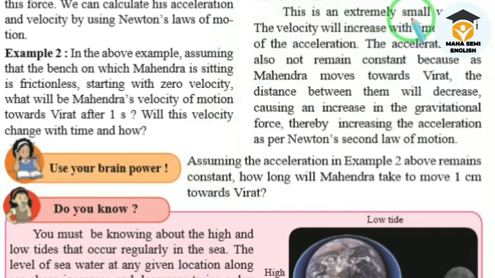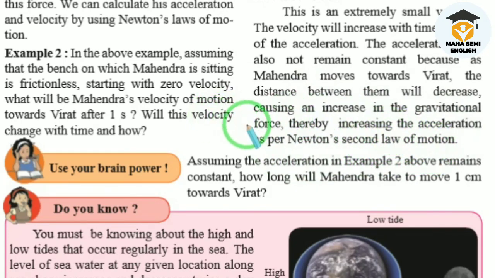This is an extremely small velocity, and the velocity will increase with time because of the acceleration. The acceleration will also not remain constant, because as Mahendra moves towards Virat, the distance between them will decrease, causing an increase in the gravitational force, thereby increasing the acceleration as per Newton's second law of motion.